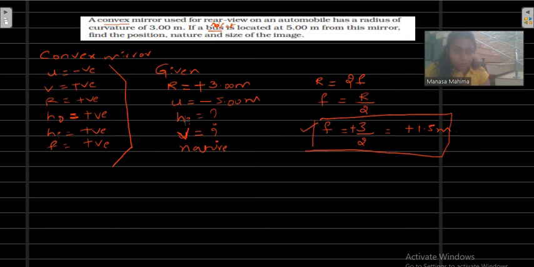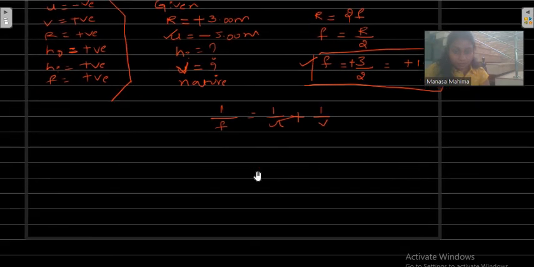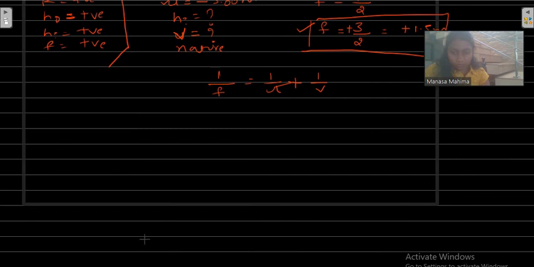Now you know the value of F and you know the value of U. What you can find? As you know, mirror formula. From mirror formula, 1 by F is equal to 1 by U plus 1 by V, correct? So 1 by F, what is the value of F here? It is 1 by 1.5 with a positive sign.